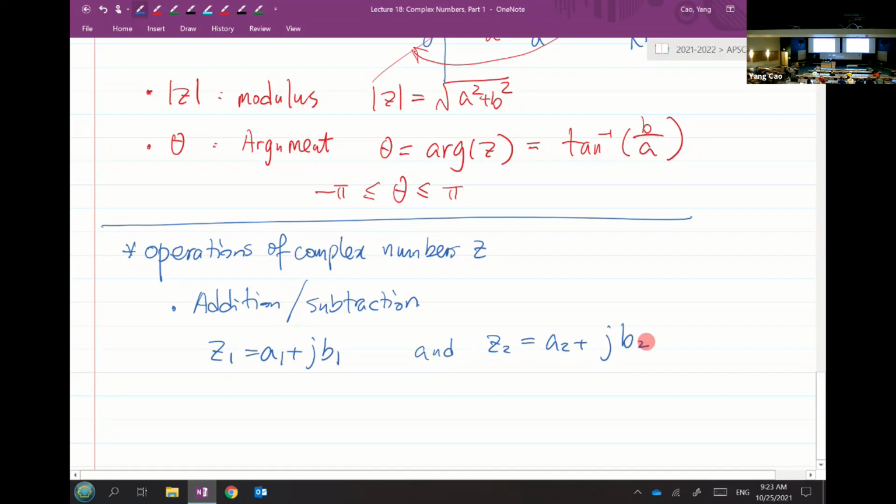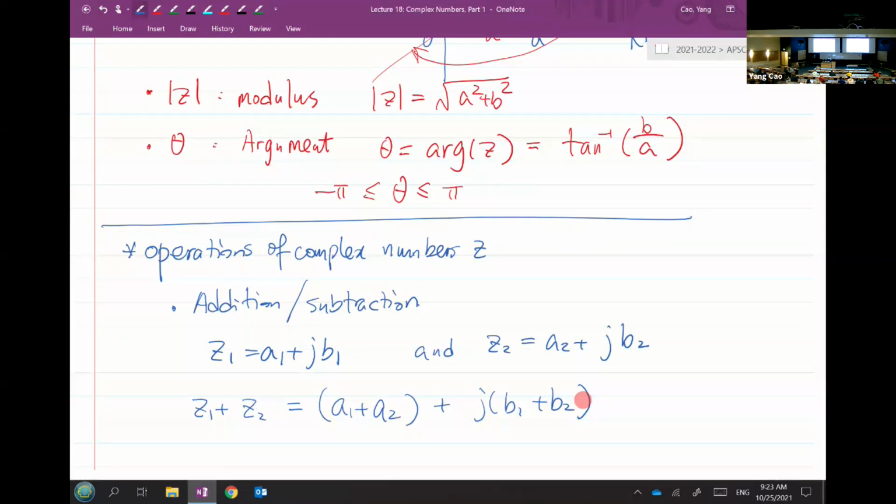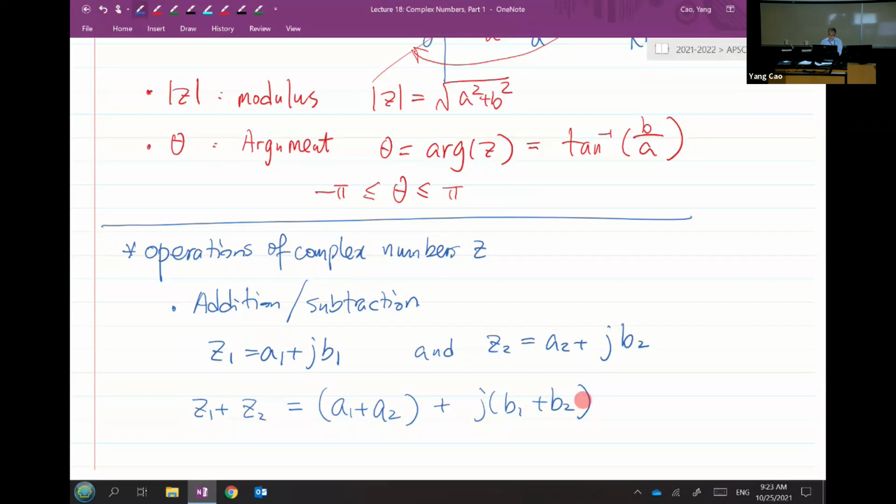When you're adding the two complex numbers, all you need to do is add the real parts together, then add the imaginary parts together. If you do subtraction, it's exactly the same thing: you subtract the real parts and then you subtract the imaginary parts. So that's addition and subtraction.